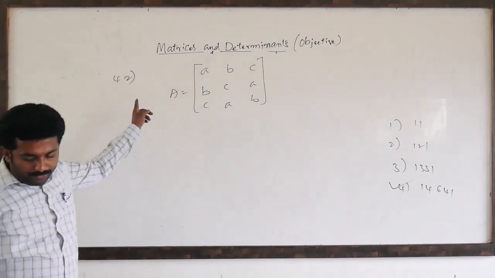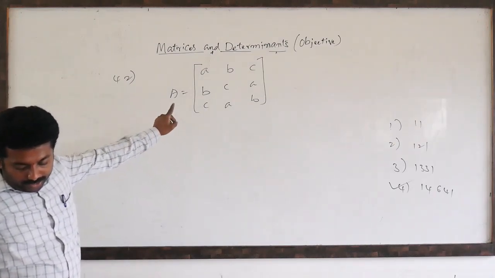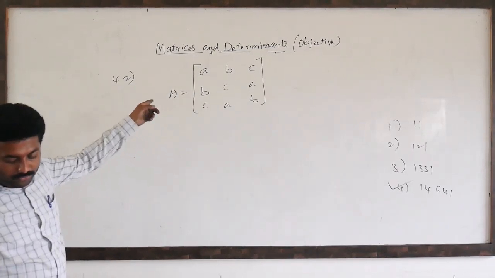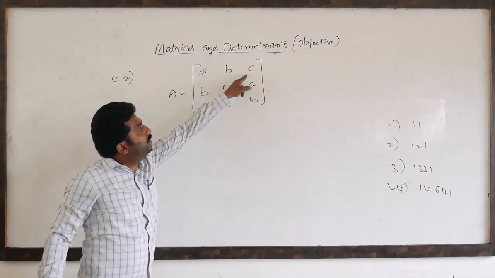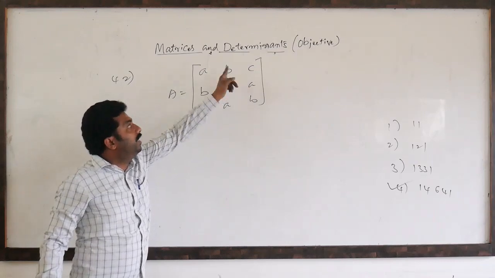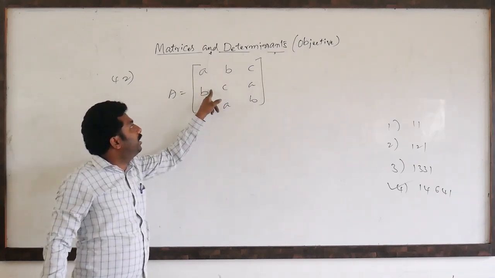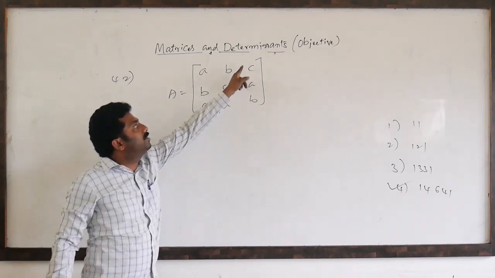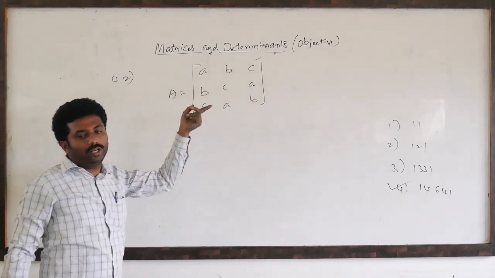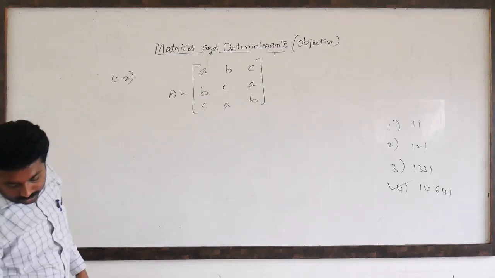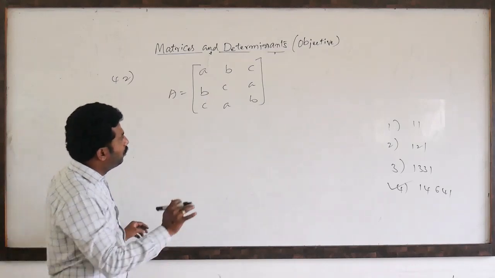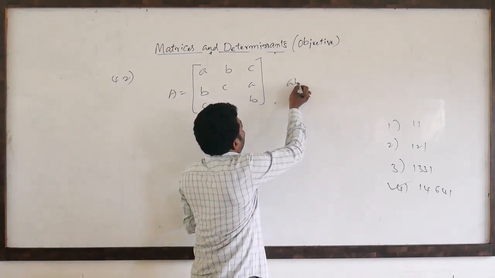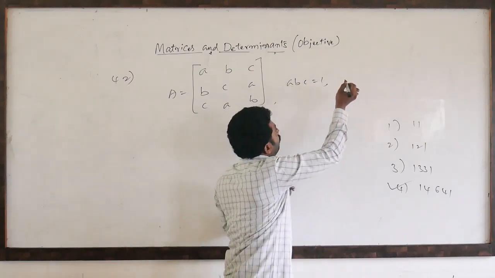If matrix A is a circulant matrix whose first row is a, b, c, then what is the second row? After a, b, c comes c, a, b, then b, c, a. So these are the elements. Next, abc equals 1.